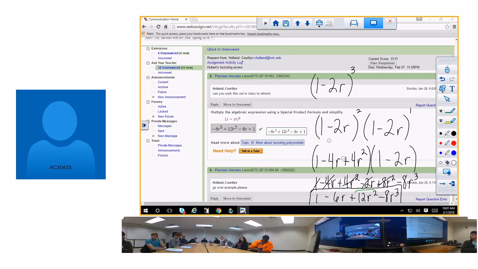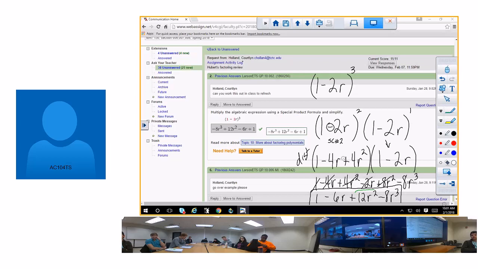This is shortcut number 2 with the minus symbol. That's how I did that. I just brought this down, and here I used the distributive law because this is a trinomial and this is a binomial. So you can't use the FOIL method.